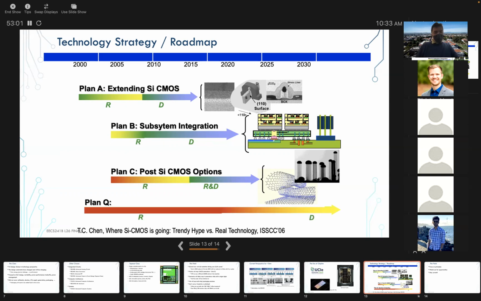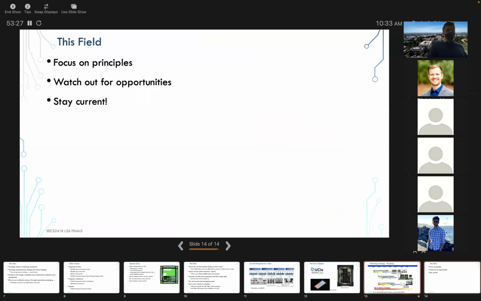And then there is a plan Q, which is deep down in the alphabet. It's getting to be more real, but it is not something that is going to extend Moore's law or do anything with general computing. Although we should, that's yet another one of the topics that we should have in these classes.